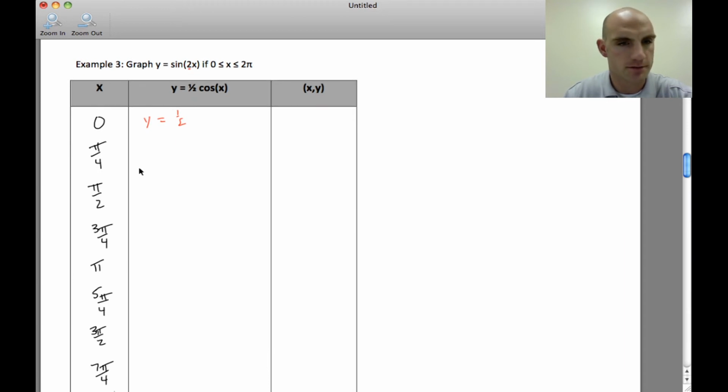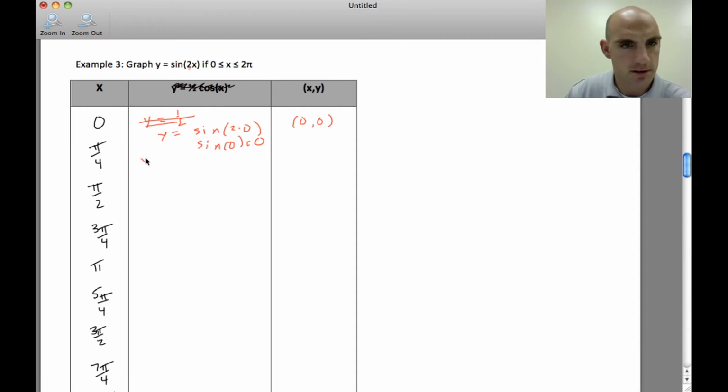I confused myself because this is not our function. Our function's up here. So we've got y equals sine of 2 times 0, which is sine of 0, which gives us 0. So my first point is 0, 0.